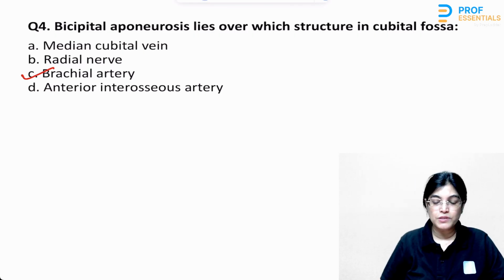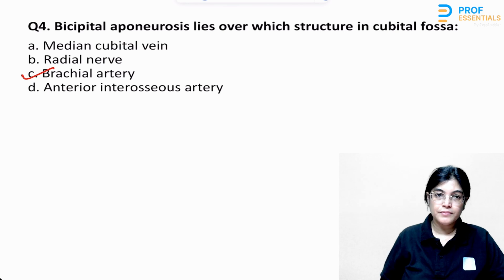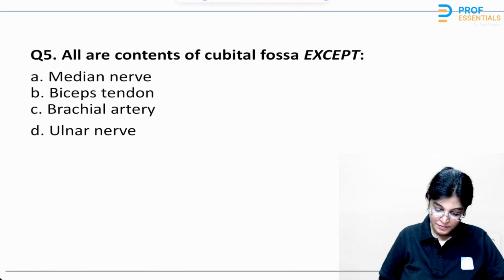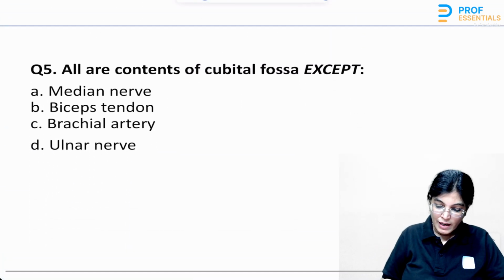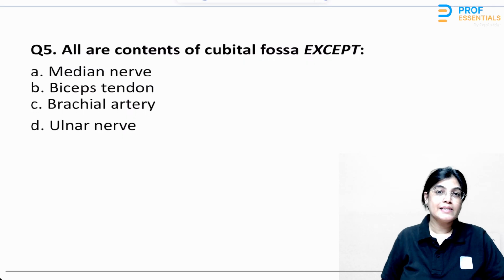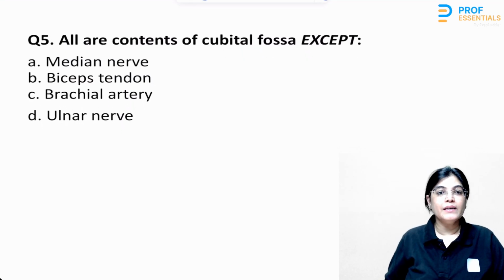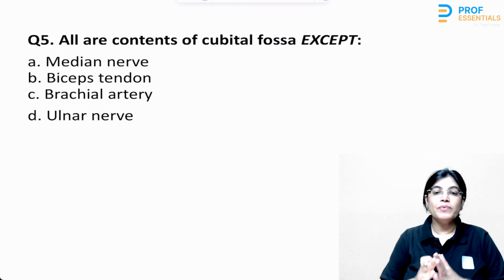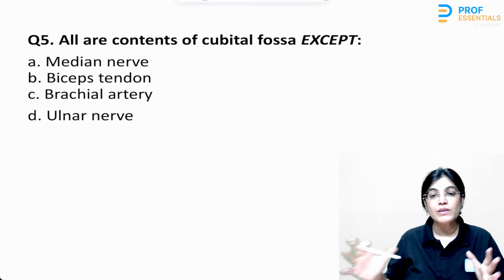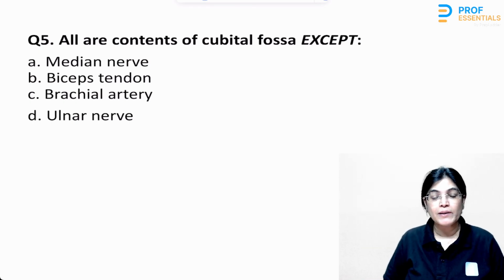Moving to the next question. All are the contents of the cubital fossa except: the options given are median nerve, biceps tendon, brachial artery and ulnar nerve. The cubital fossa is a triangular depressed area lying on the anterior aspect of the elbow joint.